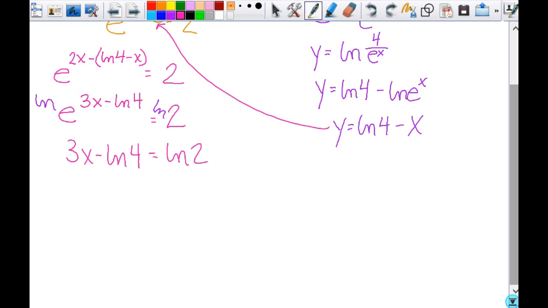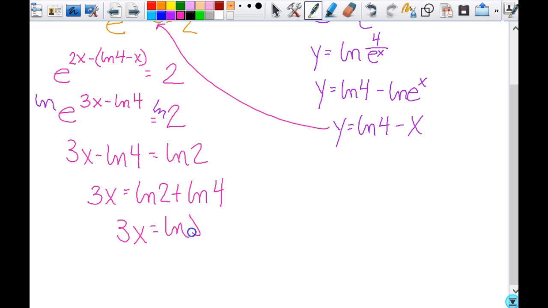Okay, so now again, I'm trying to get x by itself, so I'm going to add the natural log of 4 to both sides. So 3x equals the natural log of 2 plus the natural log of 4. Now, when you do this right here, our condensing, what do you actually do with these? Multiply. So this becomes 3x equals the natural log of 8.